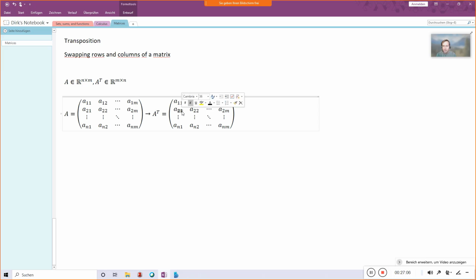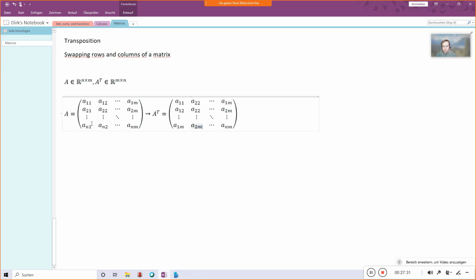But then here we have 1, 2, so we take this element and we continue to 1m. So we clearly now have m rows. We take the second row and put it into the second column, so we have 2, 1 here, 2, 2 remains the same, and we go up to 2m.